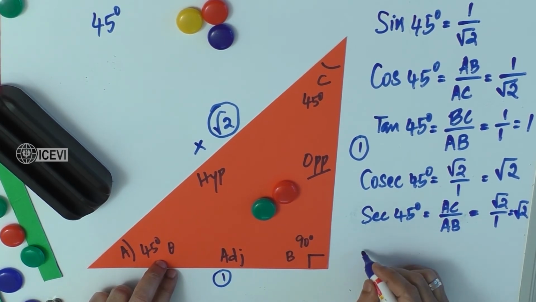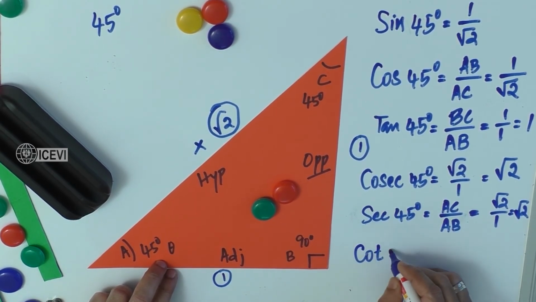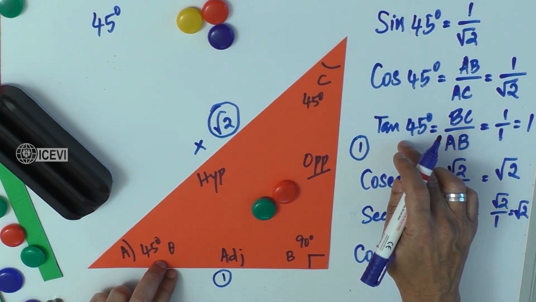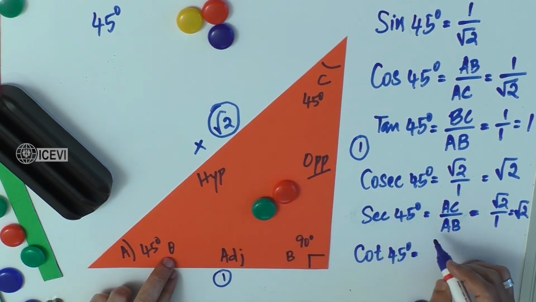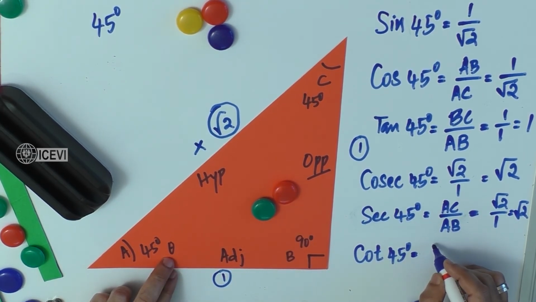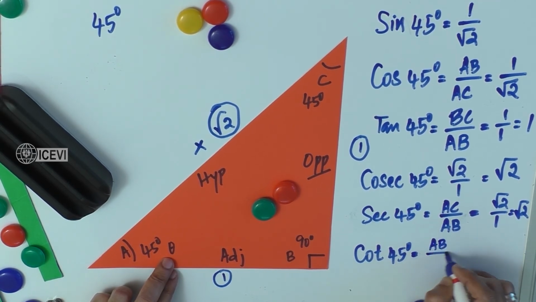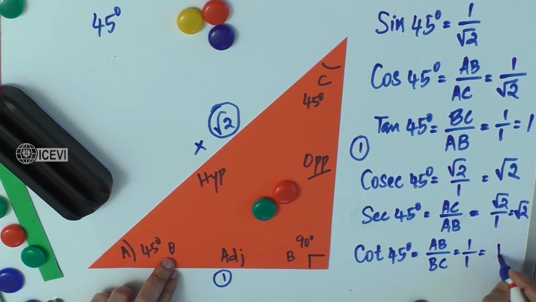Now what is cot theta? That is cot 45 degrees. So what is tan 45 degrees? It is opposite by adjacent. So cot 45 degrees is adjacent, that is AB, divided by opposite, that is BC, that is 1 by 1, which is 1.